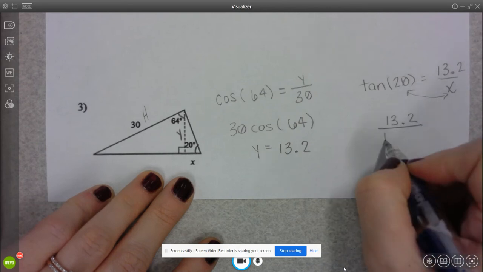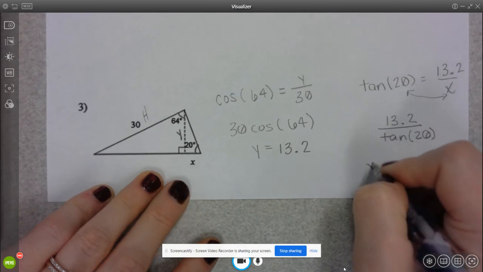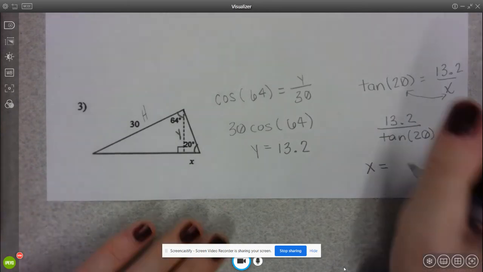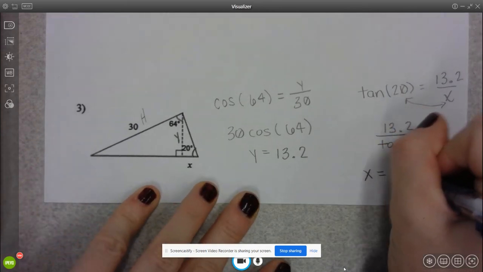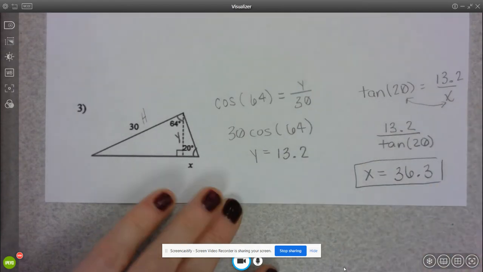So 13.2 divided by the tangent of 20 is going to help me figure out what x is. So I've got 36.3.